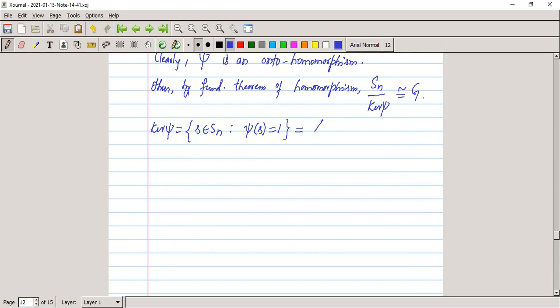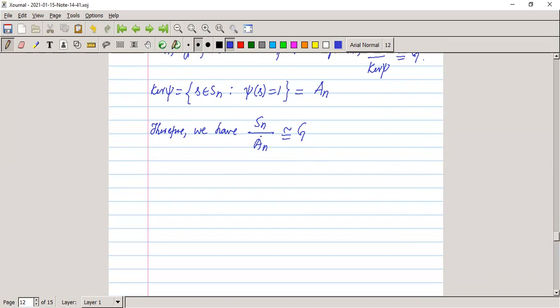So actually this kernel of psi is the subgroup An of Sn. Therefore we have Sn upon An is isomorphic to G, because this kernel of psi is the subgroup An. So we have proved that Sn by An is isomorphic to G.